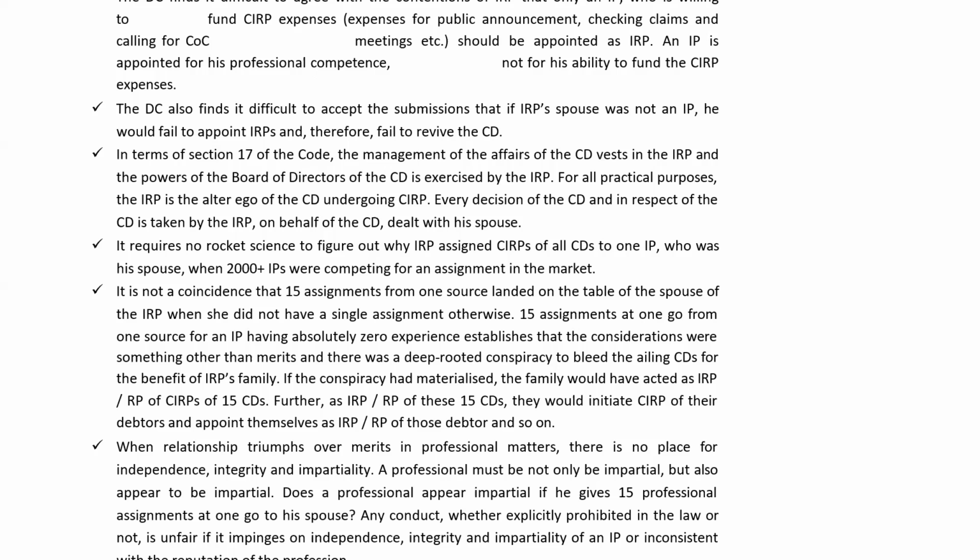And there was a deep rooted conspiracy to bleed the ailing CDs for the benefit of the IRP's family. Okay, if the conspiracy had materialized, the family would have acted as IRP RP of CIRP of 15 CDs. Further, as IRP RP of these 15 CDs, they would initiate CIRP of their debtors and appoint themselves as IRP RP of those debtors and so on.